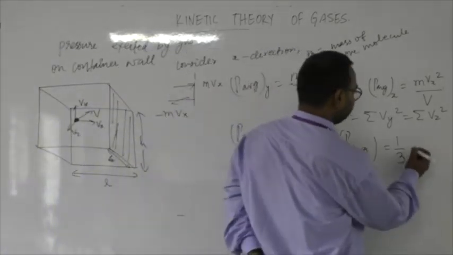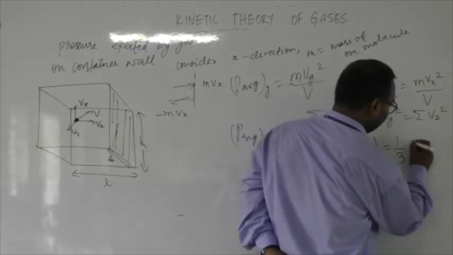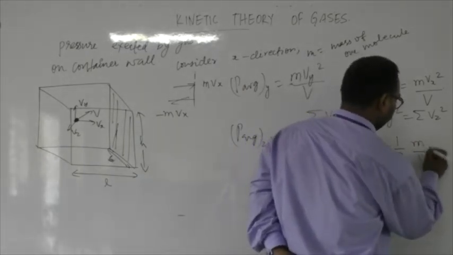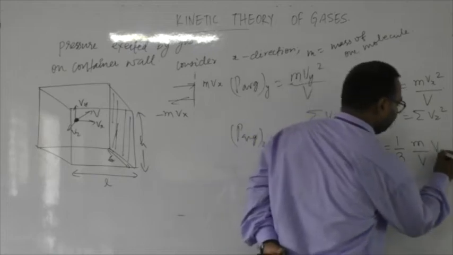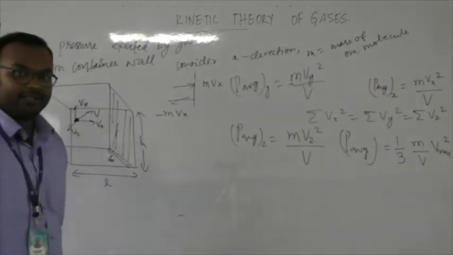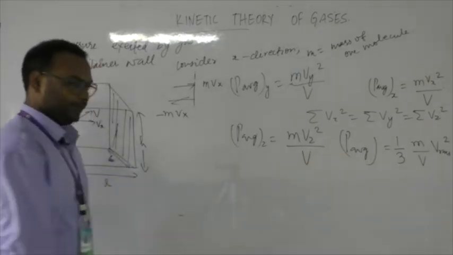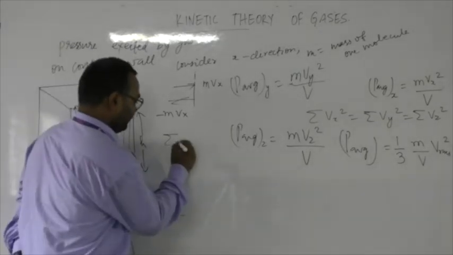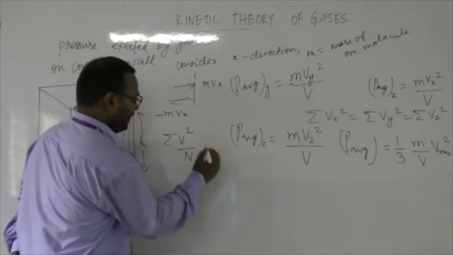So 1/3 of m upon V into Vrms square. We say that term as Vrms square.